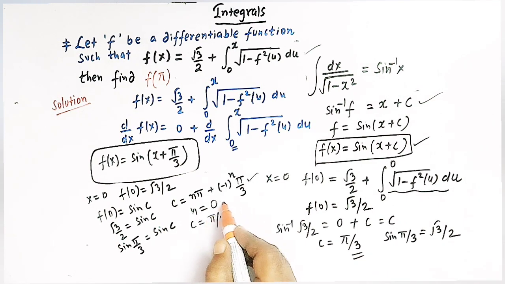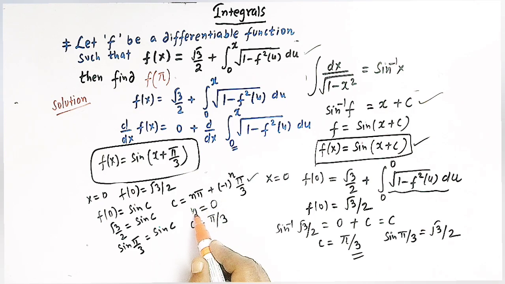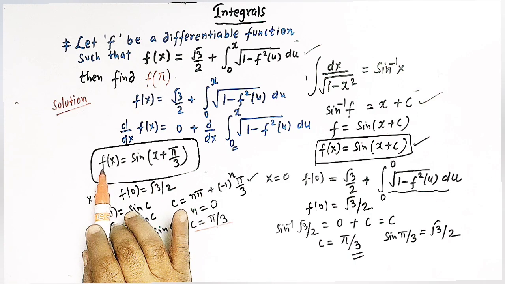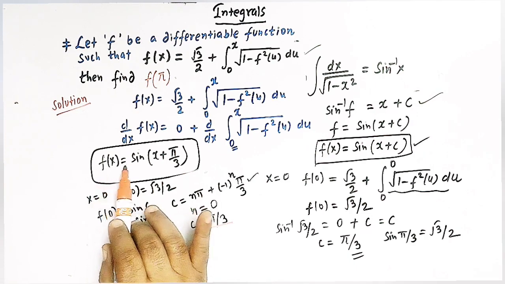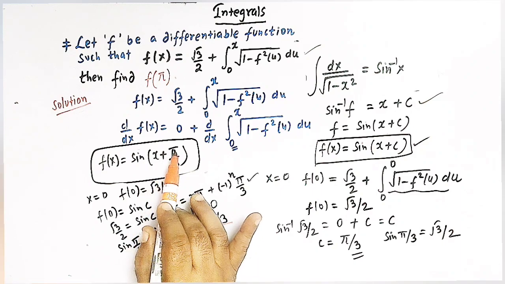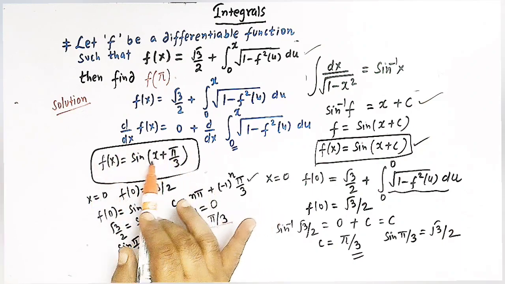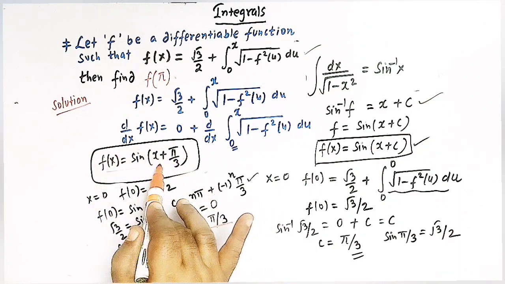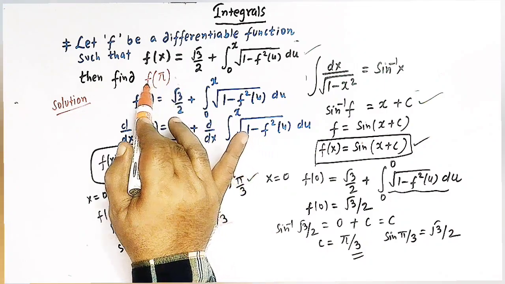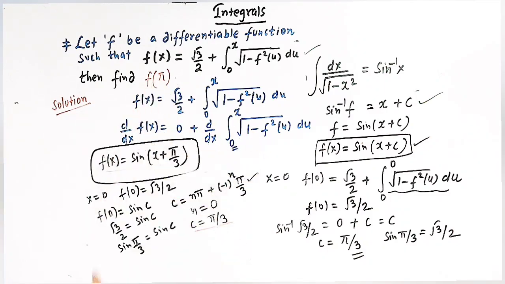So in the present case, we have just taken n is equal to 0, and corresponding to n is equal to 0, we have c is equal to pi by 3, and our function is given by f of x is equal to sine x plus pi by 3. So accordingly, using this relation, we have calculated the value of f of pi.